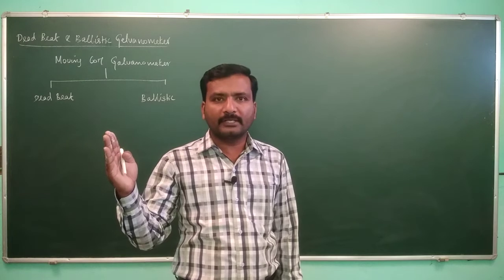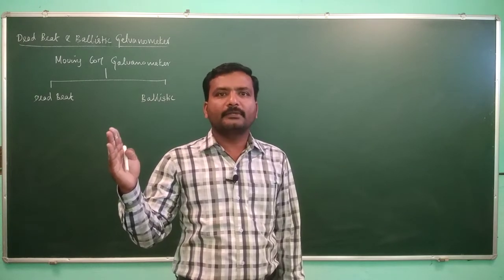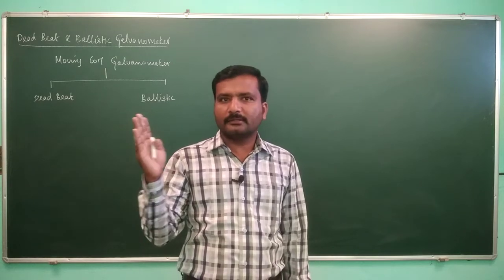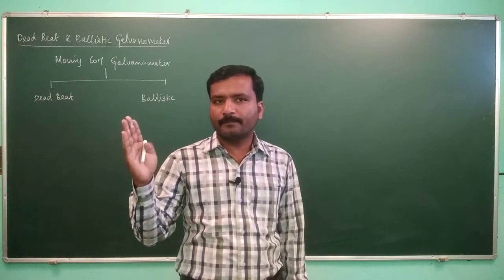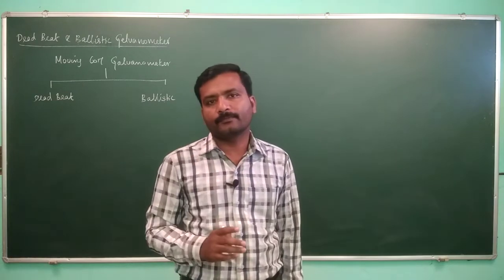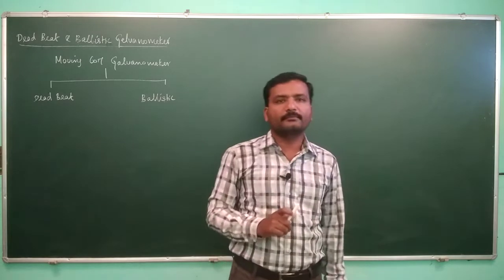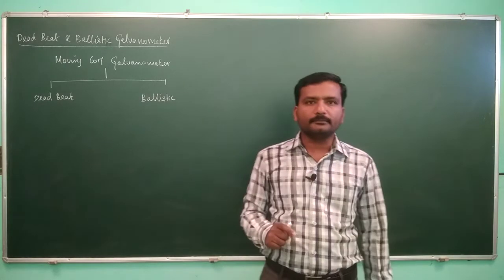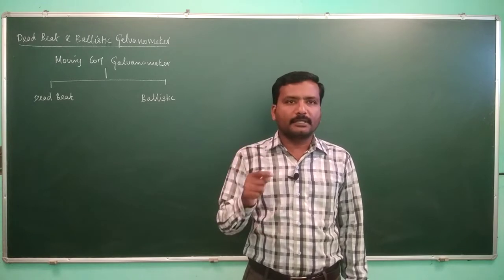Once after removing the current, if the coil is wound on a metallic frame, then this deflection on the spot of the light will come back to zero. Nothing more happens on a deadbeat galvanometer.